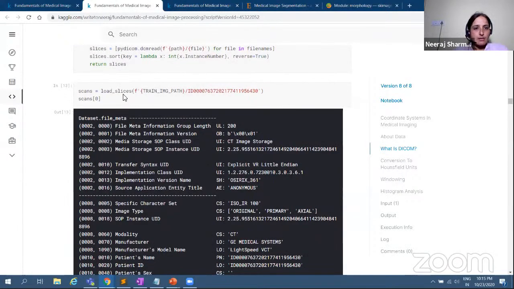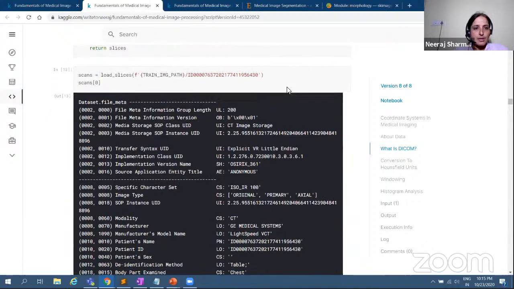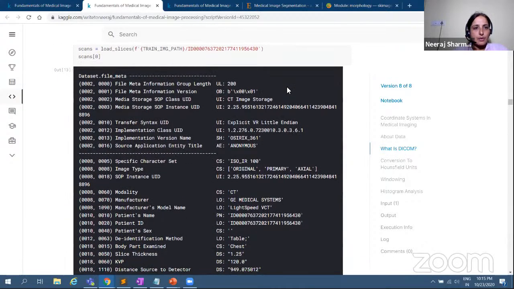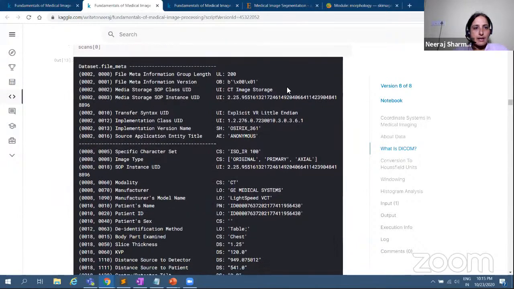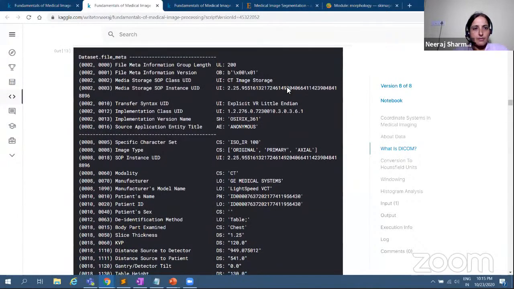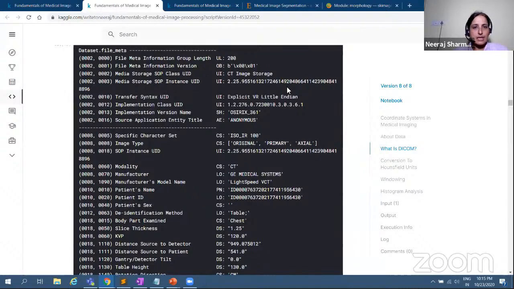So this is the load slices I have loaded for this particular patient, and here I am going for the first slice. Here is the first slice of the DICOM image, and this is how it looks.